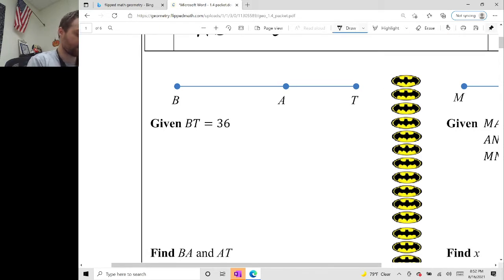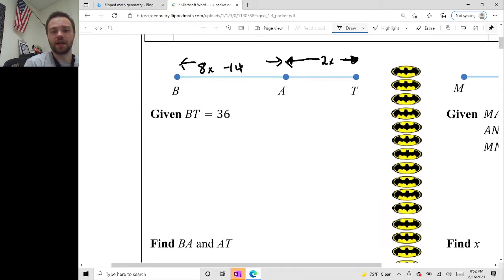And they give us on their curriculum online, 8x minus 14 is this distance, okay? So they tell us that that expression represents that distance. And then they also tell us that from A to T, this distance here, is going to be 2x.